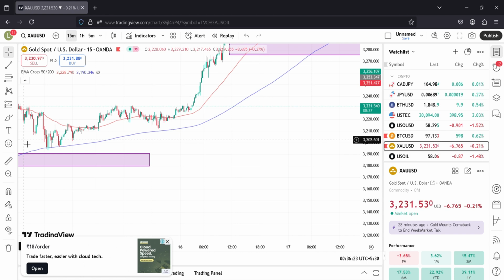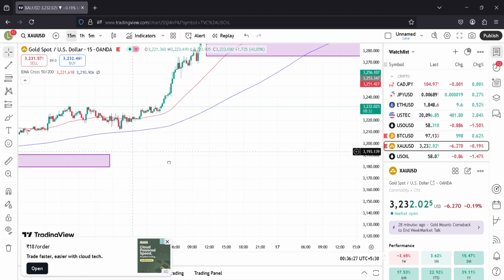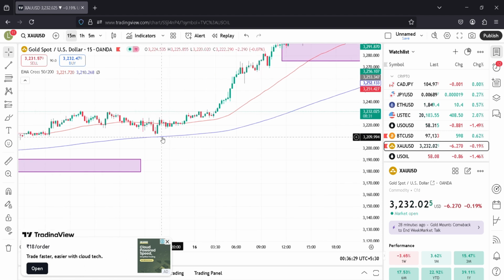After seeing a perfect order block, wait for price to turn.